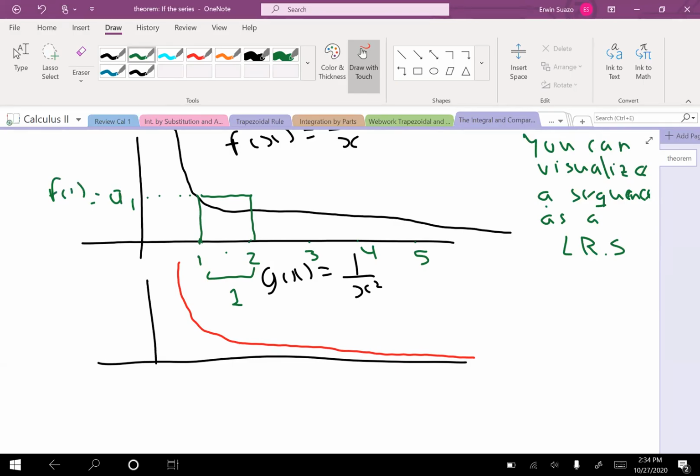If you have 2, I get f of 2. This is basically my area here. My area here is just f of 1, my area here is f of 2, my area here is f of 3, my area here is f of 4, and so on. That will be my series.